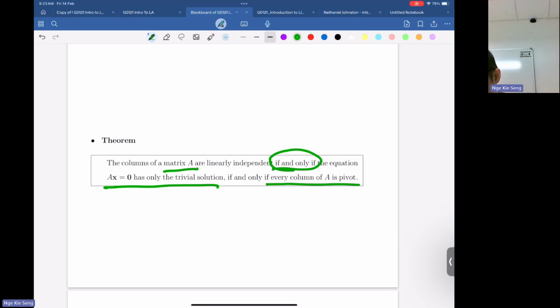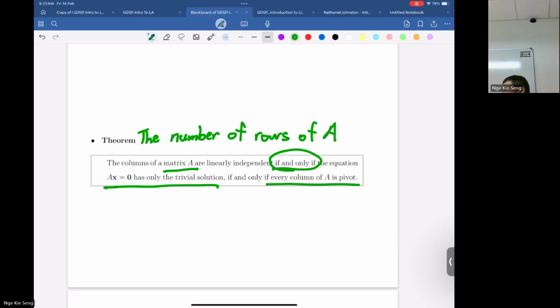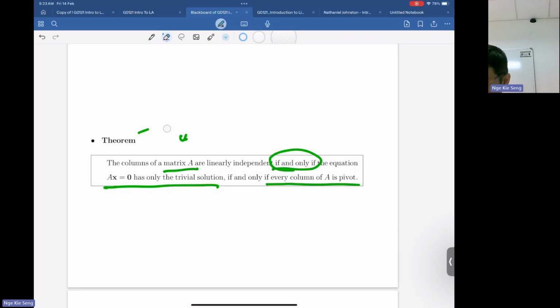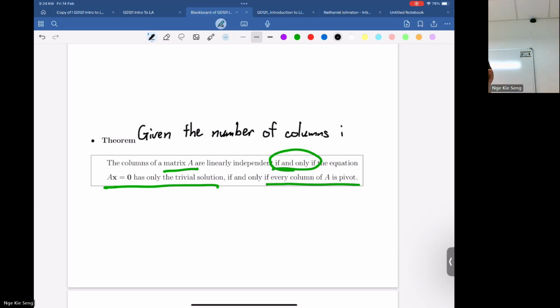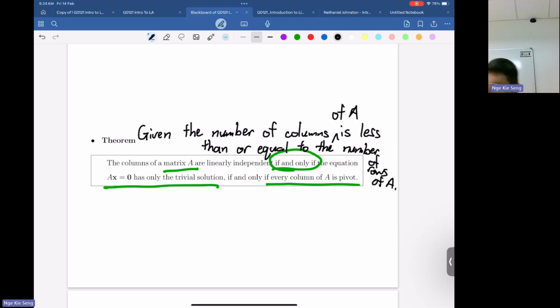Let me put an extra condition here: the number of rows of A, and the number of columns.